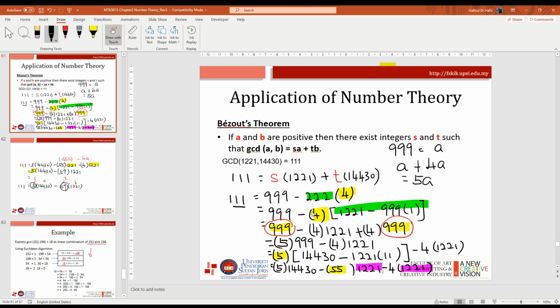And then for Bezout's identity, 999 minus 4, 1221 minus 999, and then 999 minus 4, 5.